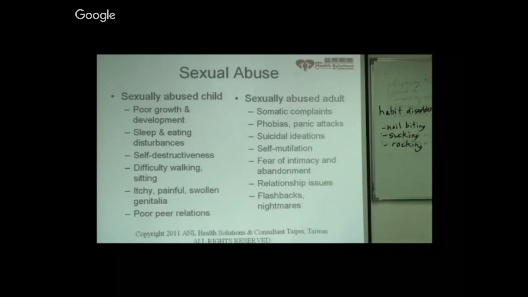For the adults, how will you suspect that an adult has been sexually abused? They have many body complaints, or somatic complaints. Something's wrong. Phobia, panic attacks, suicidal ideations, suicide ideas. Self-mutilation, so they also like to hurt themselves.